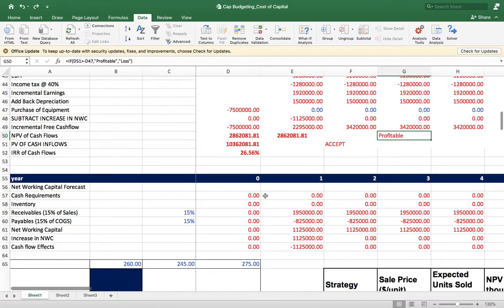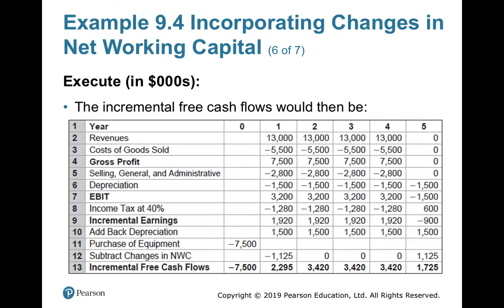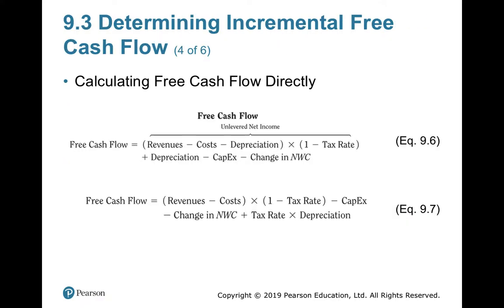Now we will go for some higher order things, like simulation, sensitivity and scenario analysis. Before that, let me complete this. The free cash flow is calculated here. Free cash flow is equal to revenue minus cost minus depreciation, times 1 minus tax rate, plus depreciation minus capital expenditure minus change in net working capital. We have calculated the incremental earning by doing revenue minus cost minus depreciation, times 1 minus tax.